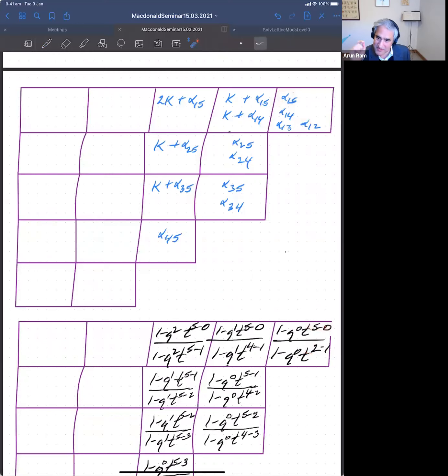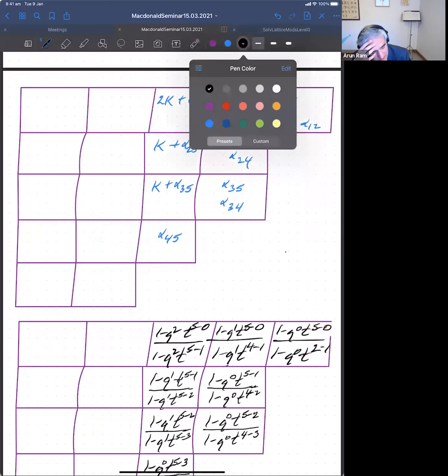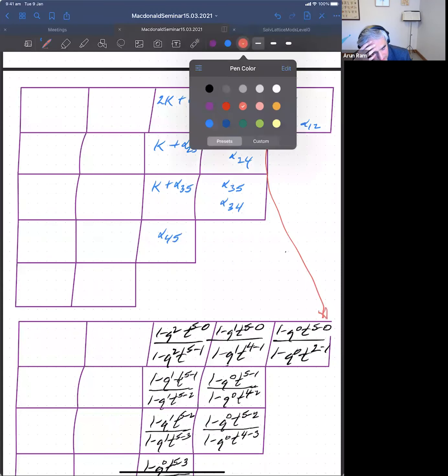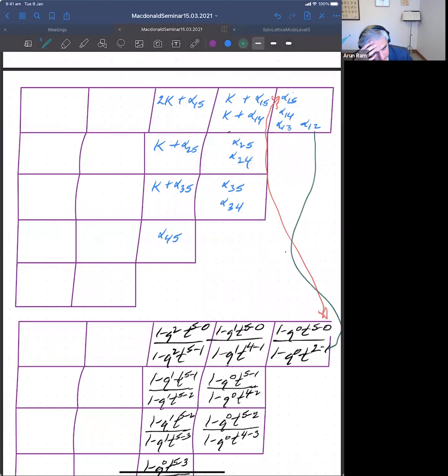This will be an important statement for me. Let's see if we can somehow mark it: the numerator corresponds to the first root in the box, and the denominator corresponds to the last root in the box.